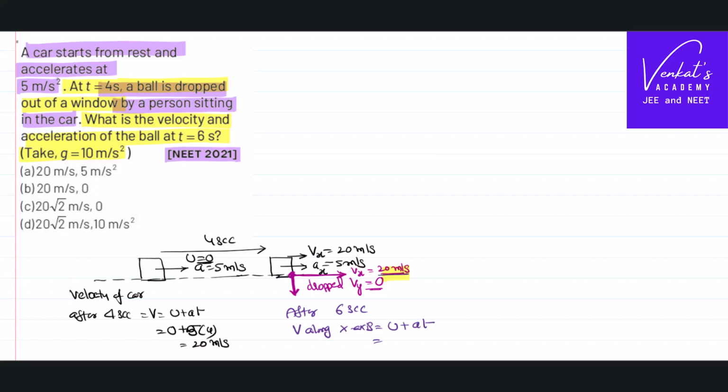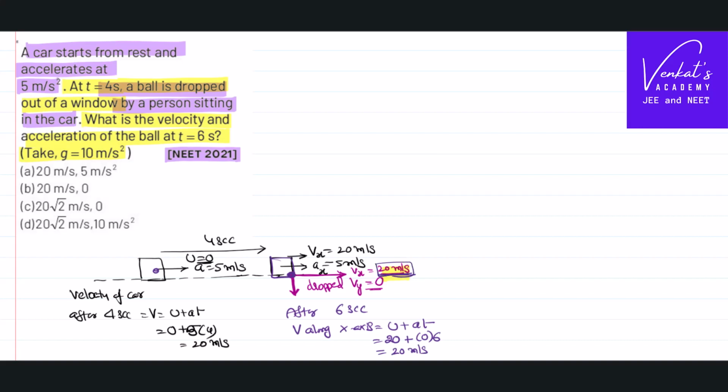That stone is having a velocity of 20 at the instant of dropping. It was not dropped at the start, it is dropped after 4 seconds. So it has some velocity along the x direction, as we have proved. It is no more connected with the car. It is not in the car, so it cannot have the acceleration of the car. It is dropped from the car after a time of 6 seconds, right? So velocity along the x direction is 20 meter per second. Whatever is there continues the same.